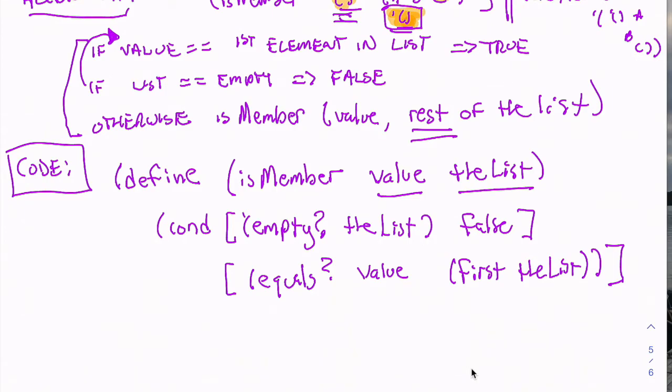If value is equal to first in the list, we want to return true.